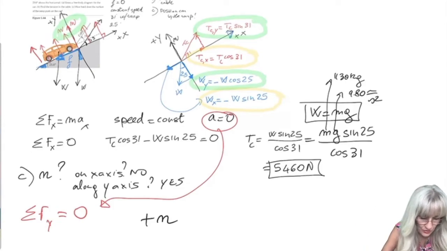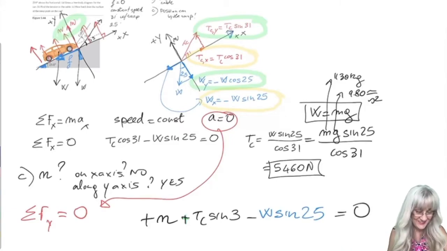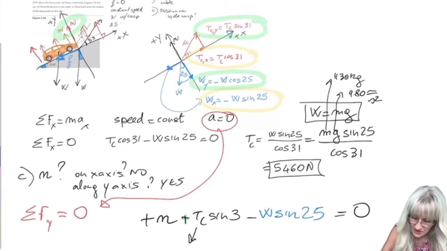All right, so here it is, plus Tc sine of 31, minus the weight, I put it in blue ink, equal 0. All right, so as you can see, we have everything, because the Tc, I found it out, is 5460 Newton.